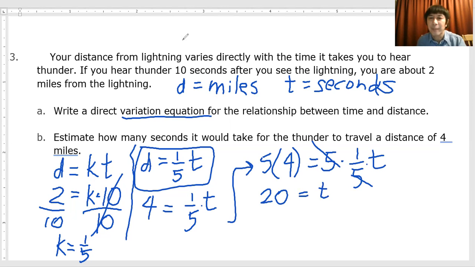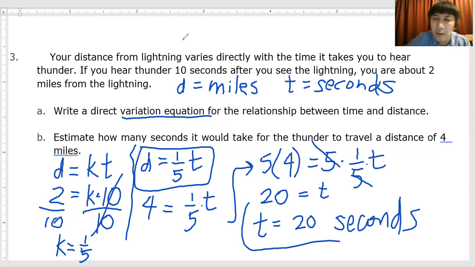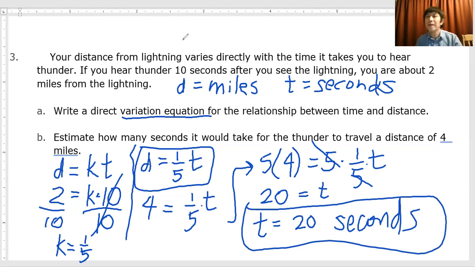That means t, the time, is 20, and this is in seconds. Okay, t is equal to 20 seconds. That's our numerical answer. All right, that goes to our number 3. Let's continue to the next number.